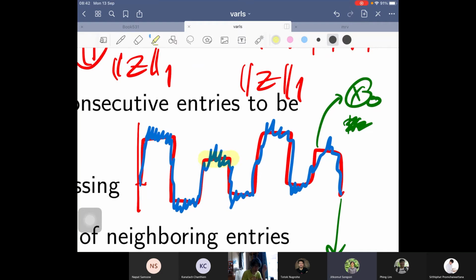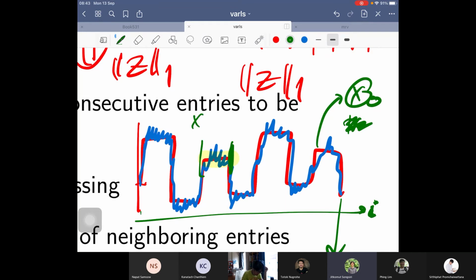It's constant during some period, so if I represent the index as time, during this period it would mean that x_{i+1} equals x_i.